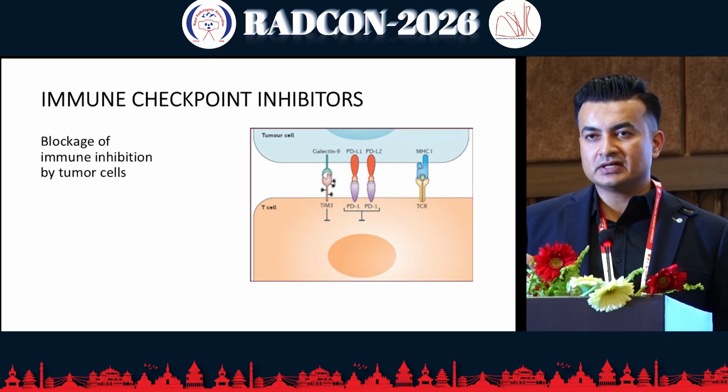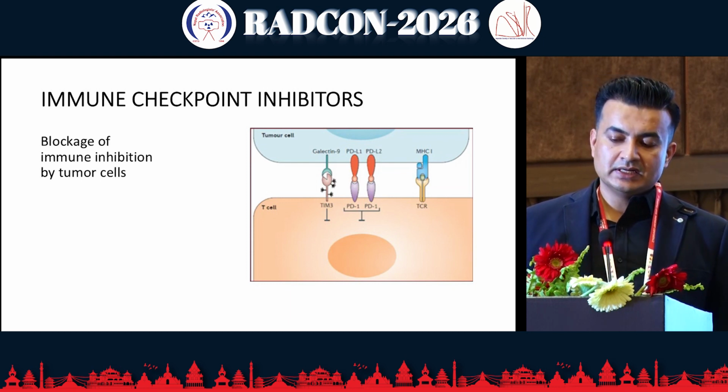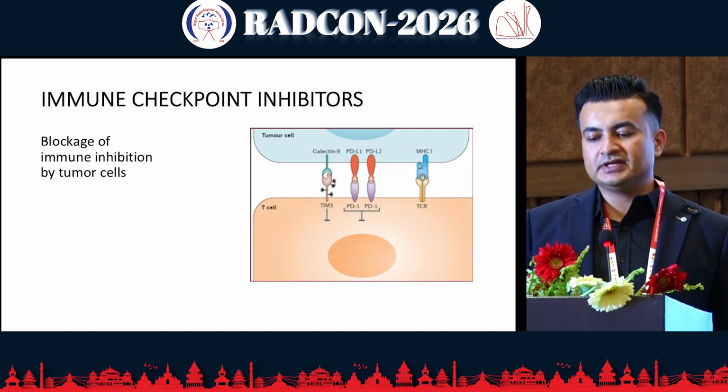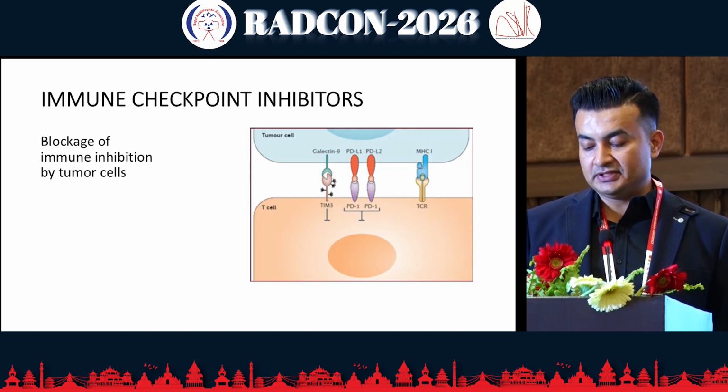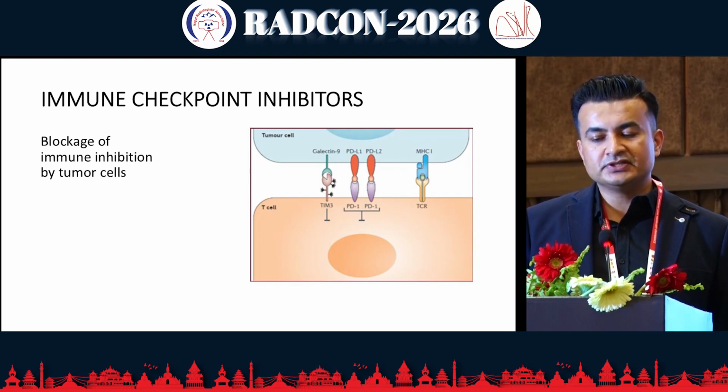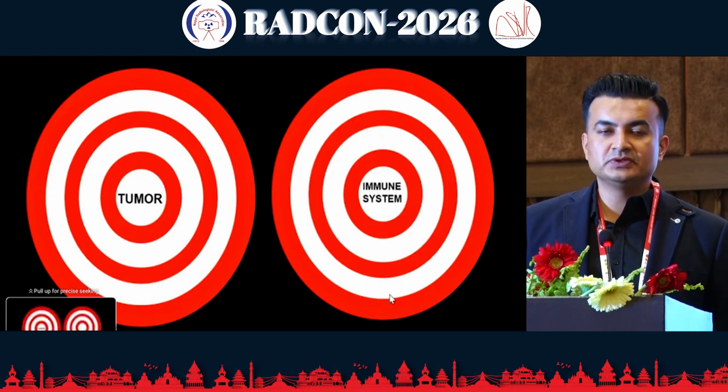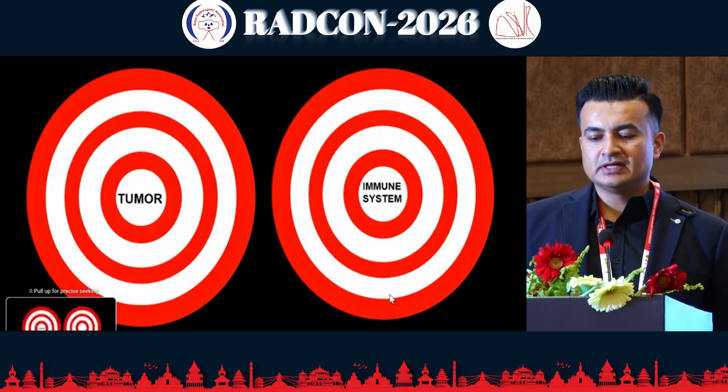Now our target is to increase the T and B cells, so the response to the tumor should be increased. These drugs help abolish the tumor cells' attachment to the T cells and the decrease in their number. So we initially used to deal with the tumor, now we deal with the immune system in treatment.